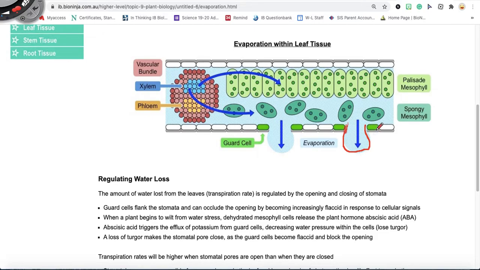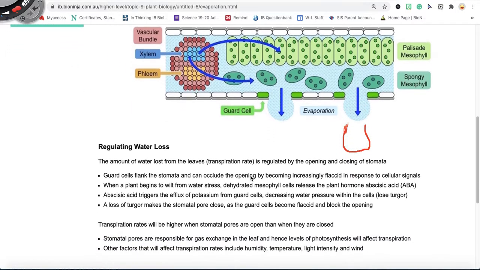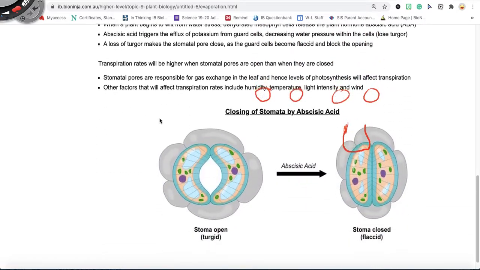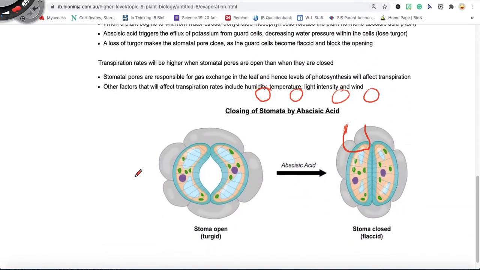Okay, and here they don't really show the guard cells the same way as they do in that diagram down here. Okay, but they're still there, right? These are supposed to be guard cells right here, right? But again, they don't look nowhere near the same way that they do down here. So then that's how the stomata is going to open and close.